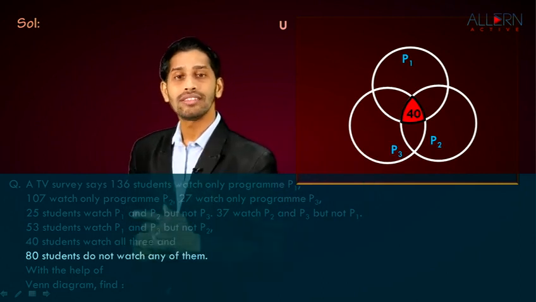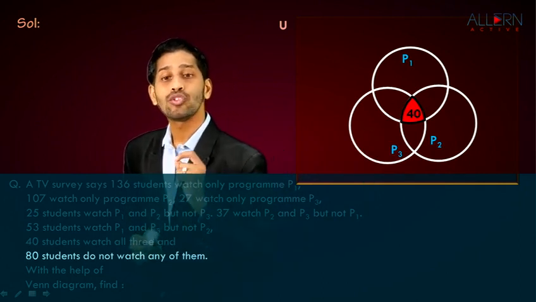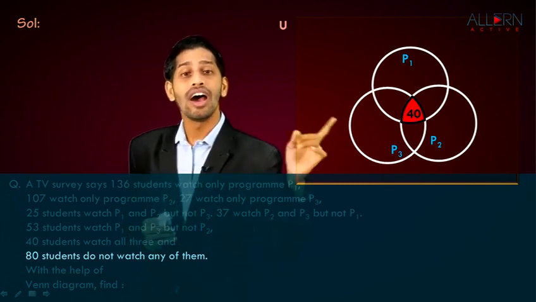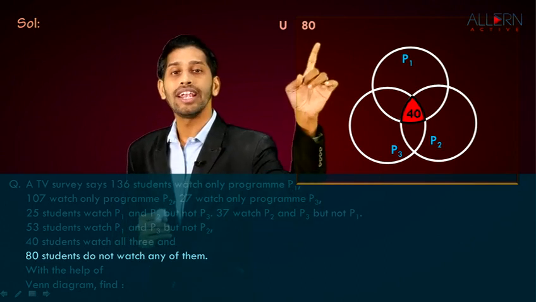Now what else is given? It says that 80 students do not watch any of these programs. That means 80 should be written outside these three circles, anywhere outside.